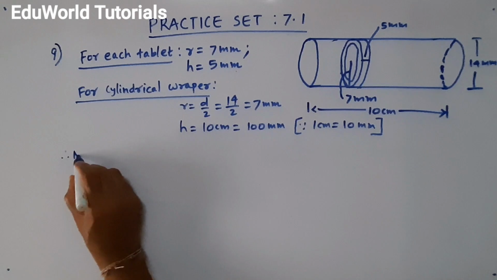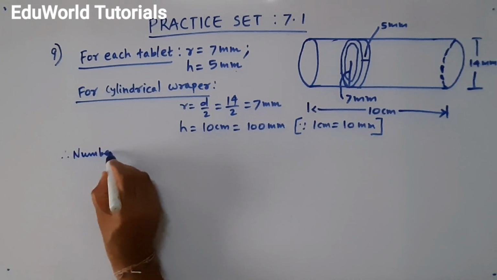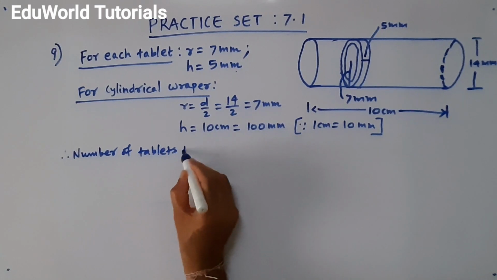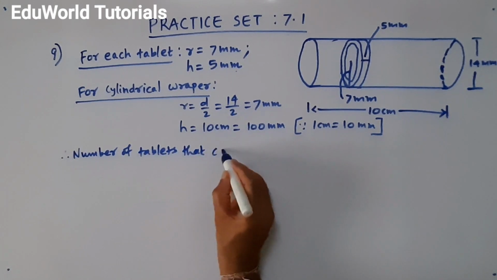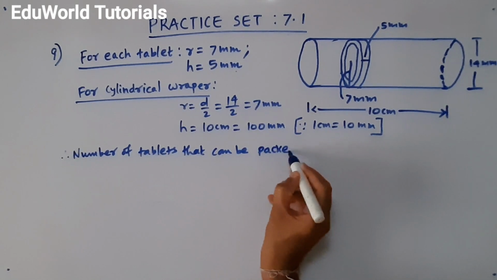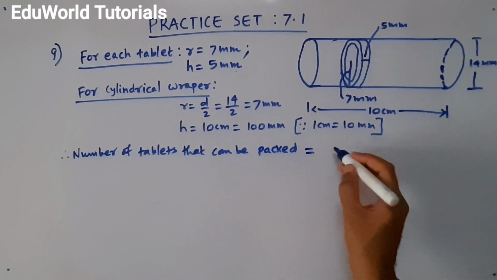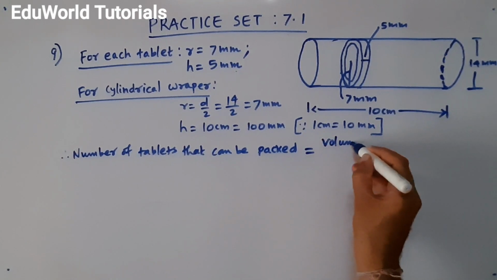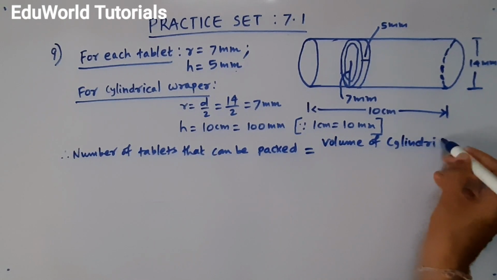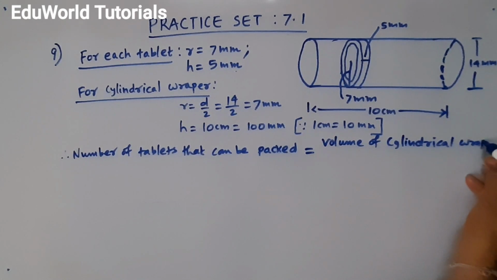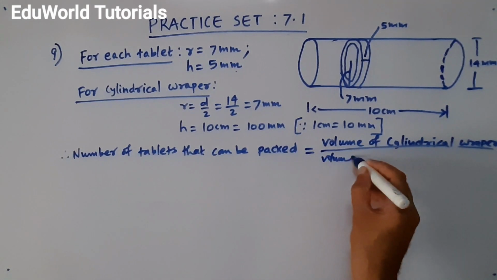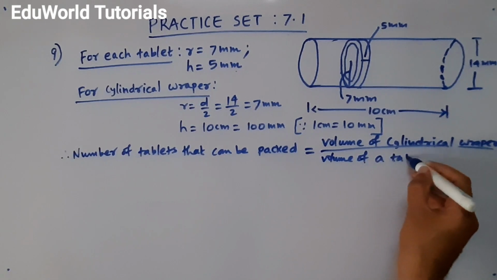Therefore, number of tablets that can be packed is equal to volume of cylindrical wrapper upon volume of a tablet.